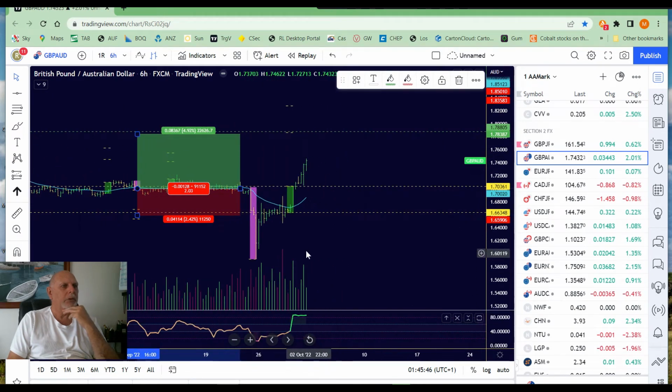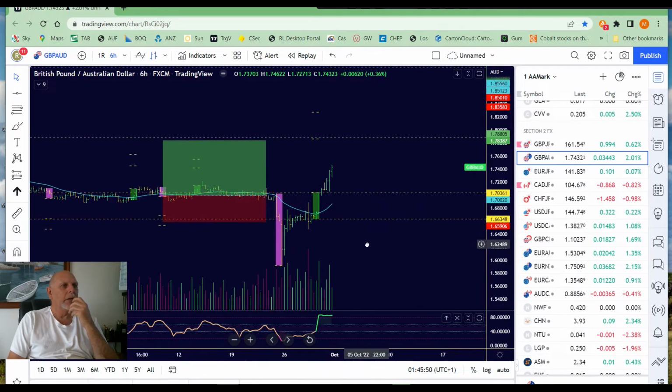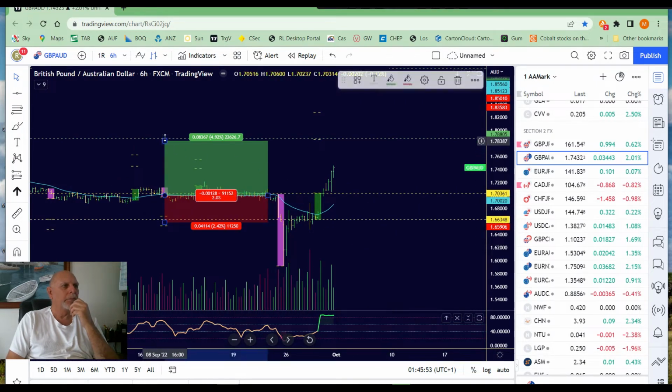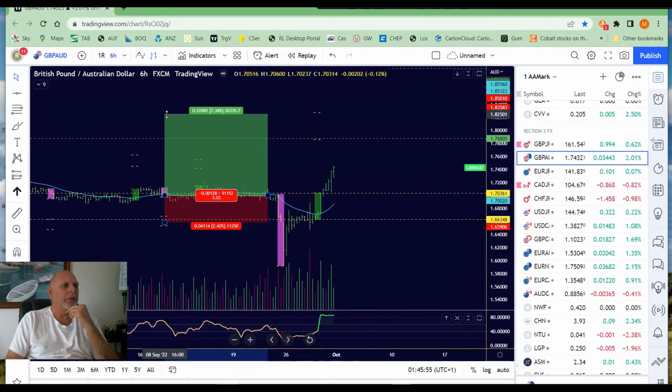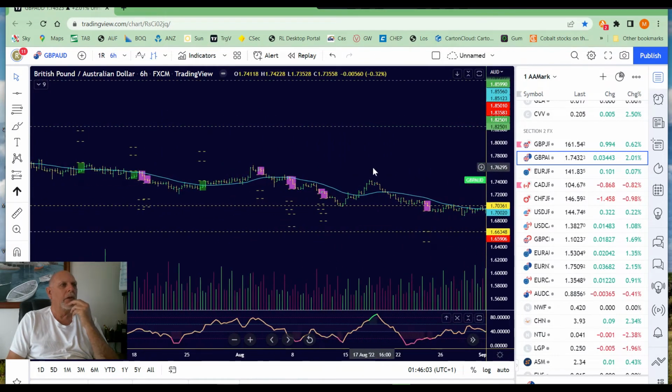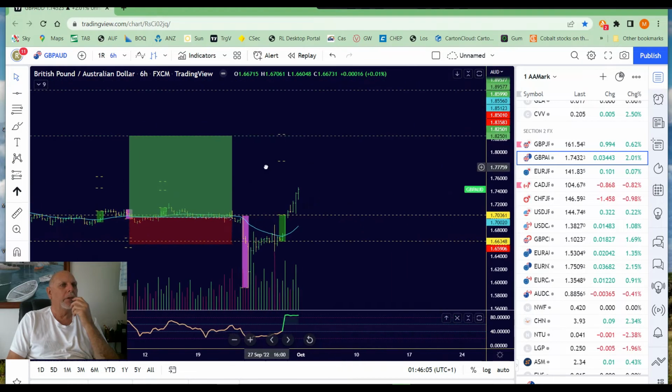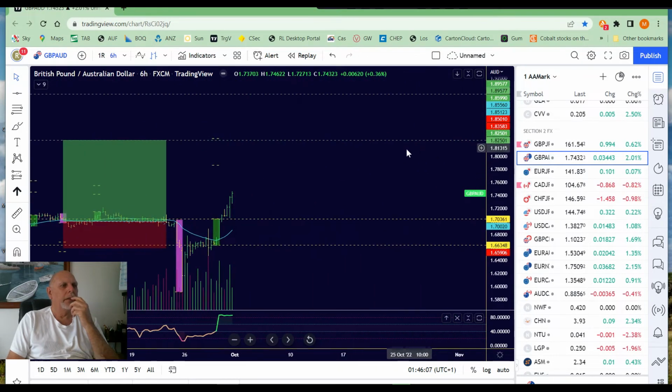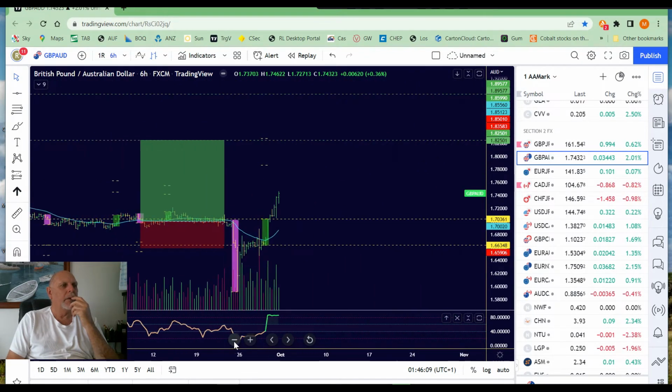At this point in time, we have already got a 50% extension in play. That's going to take us up to 3. Right. So there's a good chance that the British pound Aussie is going to head back up to this level here, is where it's aiming for.